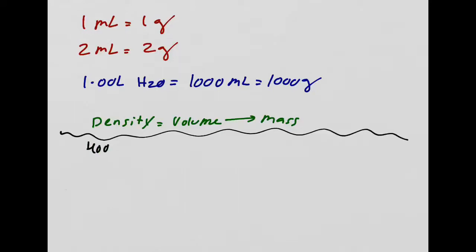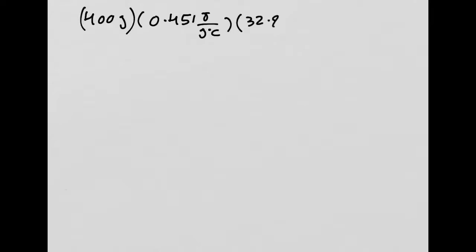Let me go to the next page so I have plenty of room to show you. So we had 400 grams times the specific heat, which is 0.451 joules per gram degrees Celsius. Then the T final was 32.8, and I'm trying to figure out the X. And we know that this much energy was lost by iron.